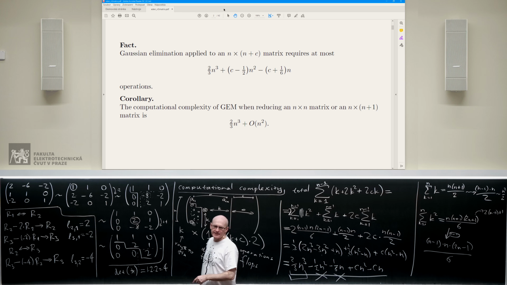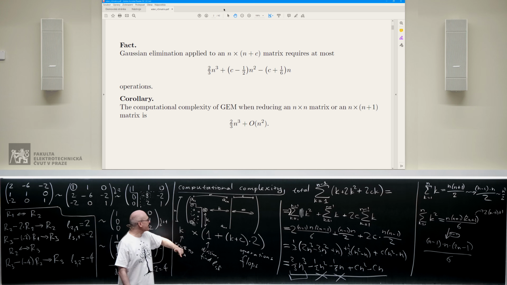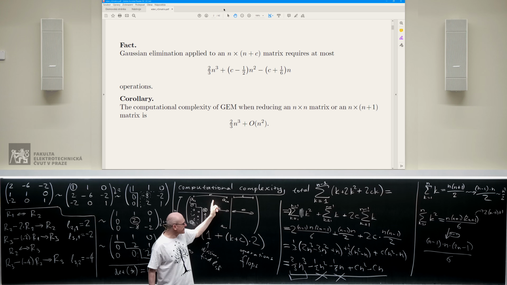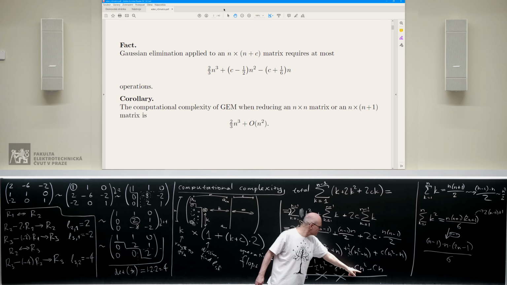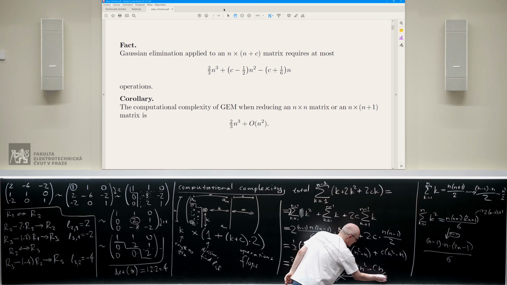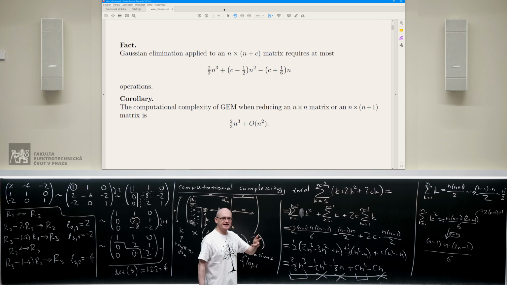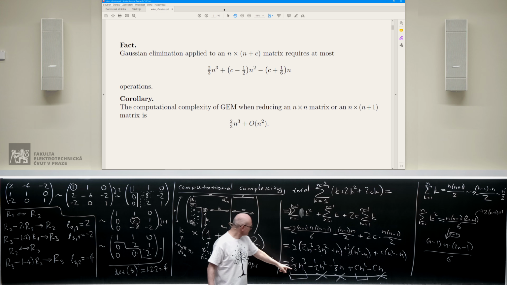And that's a good question. For instance, when you are finding inverse matrices, then c is actually equal to n, and suddenly you have another n cubed in the game. So I cannot just cross it out. I can cross out this one, because it's negligible compared to this term. So there are actually two candidates for the boss position.